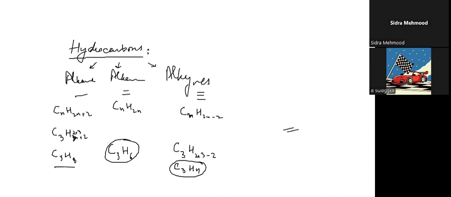If you see the structure of propane, it's 3 carbons, and how many hydrogens? 8, C3H8. But now with the same 3 carbons, the bond is increased: we have one double bond in it. It's propene, and the number of hydrogens is decreased.